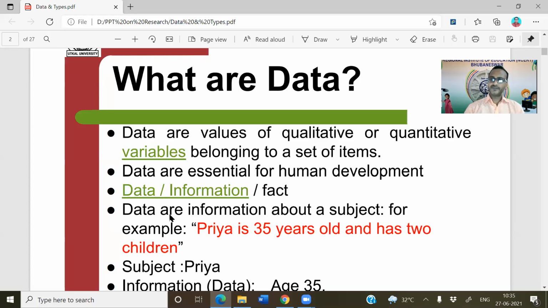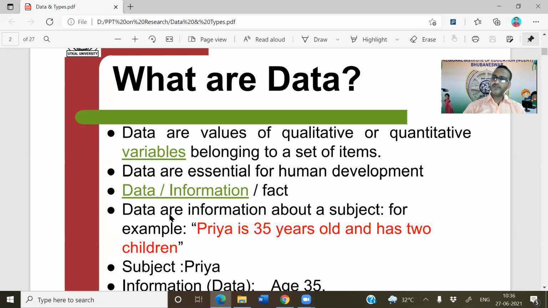Variables are the main subject of investigation in any kind of research. Suppose, for example, you want to study the teacher effectiveness of teachers at secondary level. So your main variable is the teacher effectiveness. So whenever you collect data from the field, you have to collect data about the variable that is teacher effectiveness.